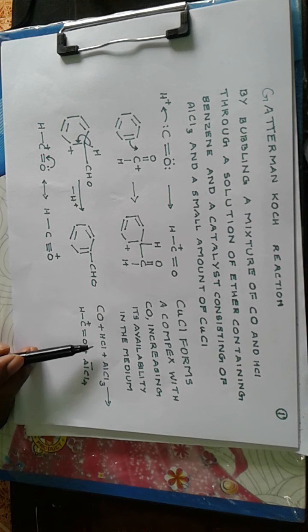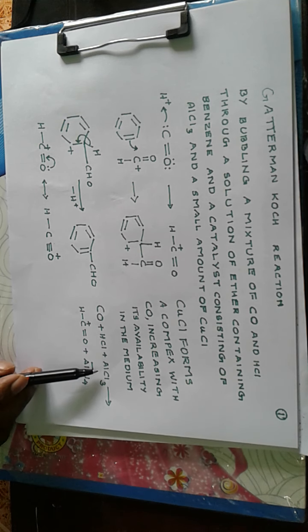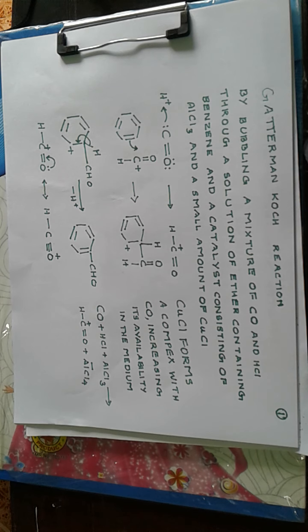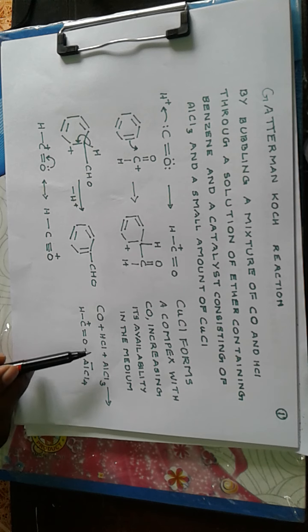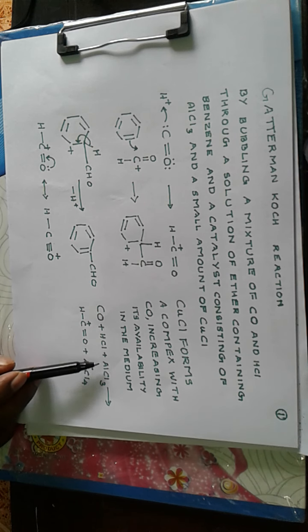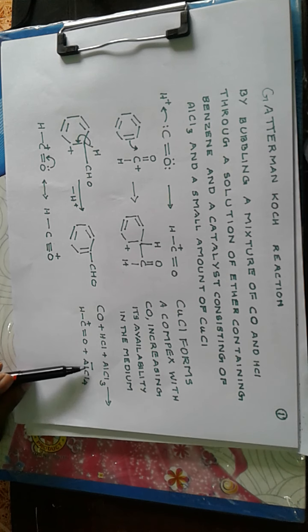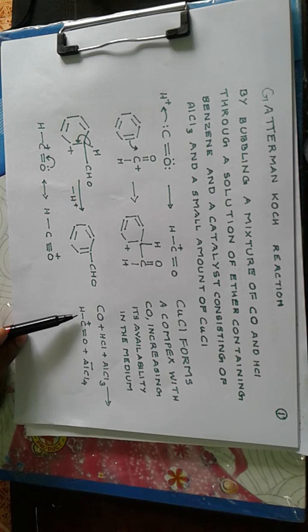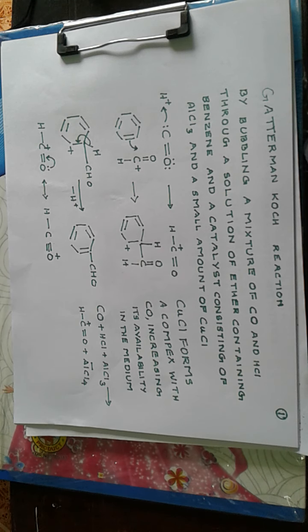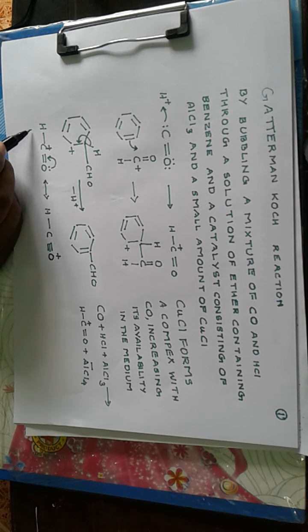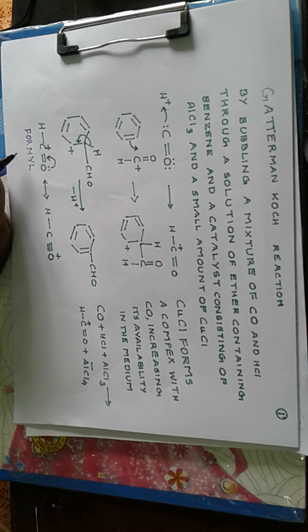Now Cl negative from HCl is taken up by aluminum chloride, which is a Lewis acid and can provide a vacant orbital over aluminum, so that into this vacant orbital Cl minus forms a bond and AlCl4 negative is formed, H positive combining with the lone pair of carbon, and that species, it is called the formyl cation.